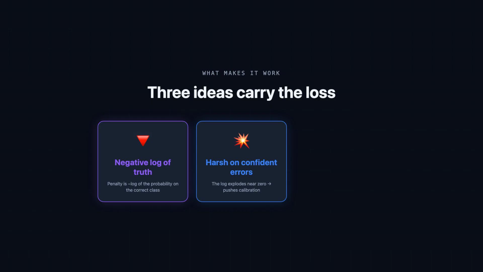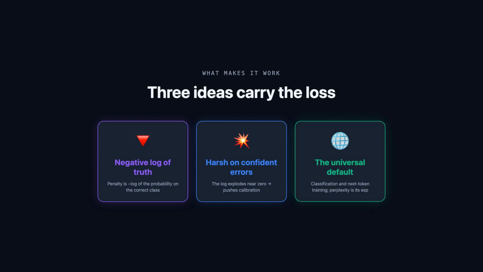Because the logarithm explodes as the probability of the truth approaches 0, being sure and wrong is penalized enormously, which pushes the model to be well calibrated. The universal default. It is the standard loss for classification, and since predicting the next token is just classification over the vocabulary, language models train by minimizing it too. Perplexity is simply its exponential.